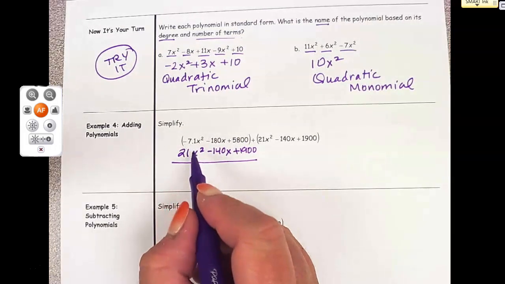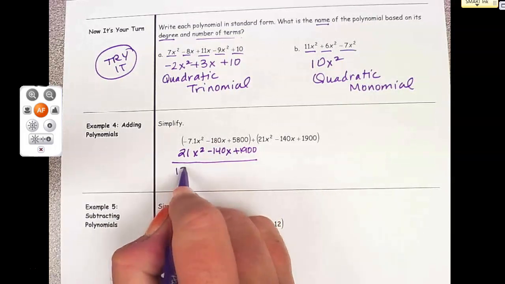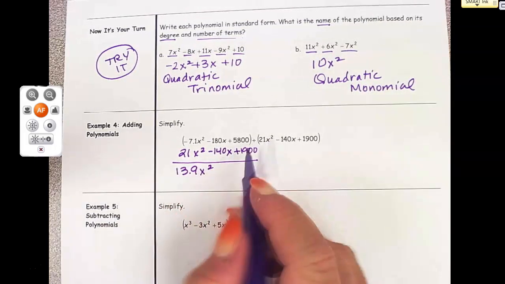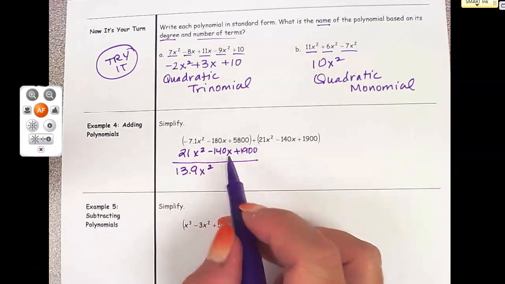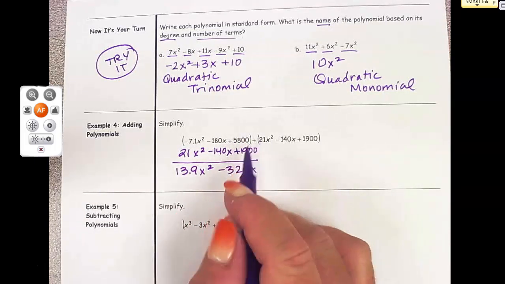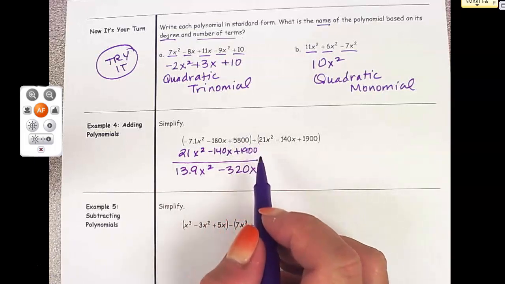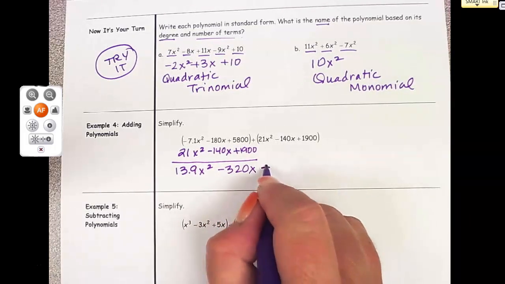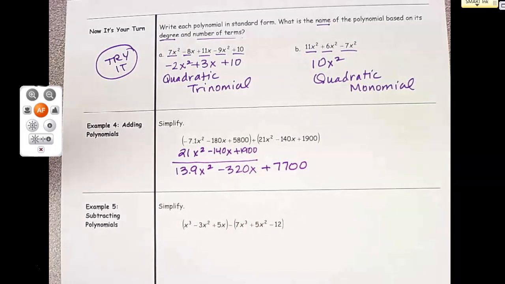Negative 7.1 plus 21 would be 13.9x squared, and then negative 180 minus 140 is minus 320x, and 5800 plus 1900 is going to give me 7700. So that's all you do when you add polynomials. You just combine like terms.